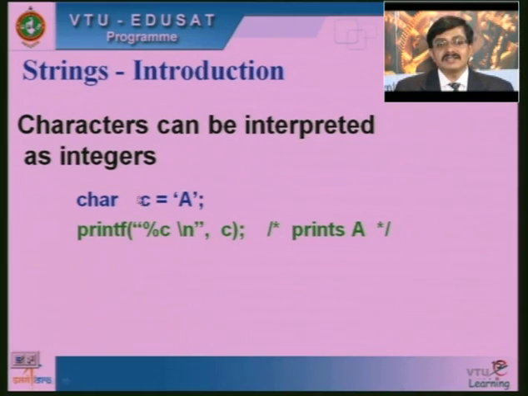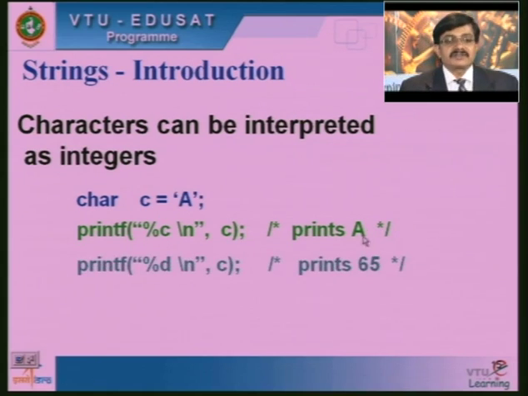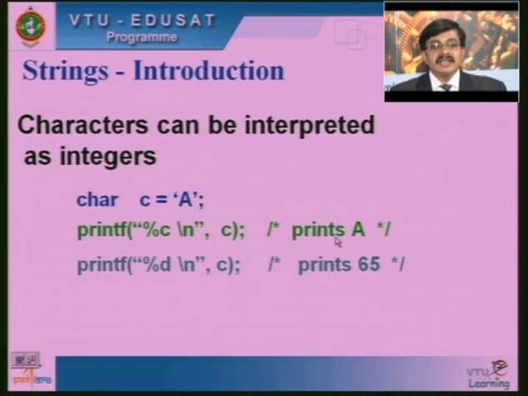Since I am storing capital A in the variable c, this printf statement will print the character capital A. Now if I use another printf statement, printf("%d", c). c is character data, but here I am using the format specifier %d, whereas in the previous case I used %c for printing the character.